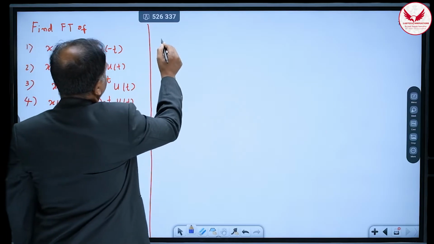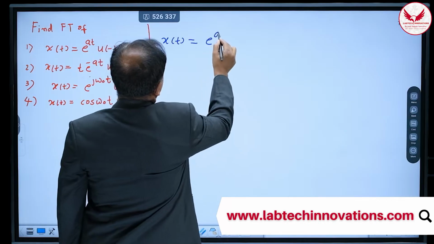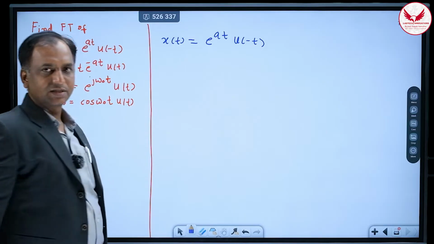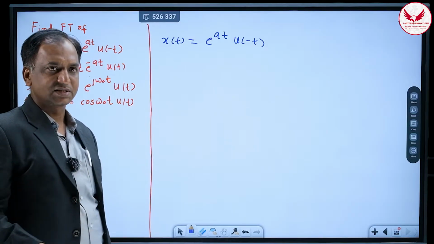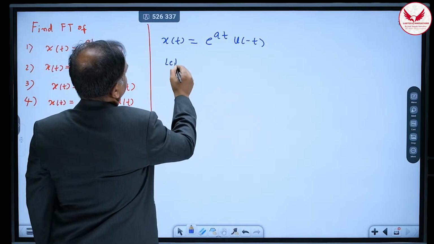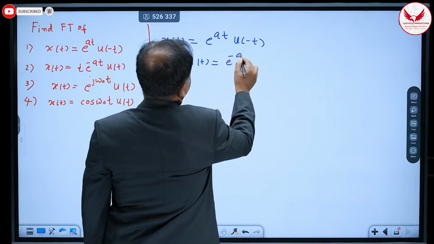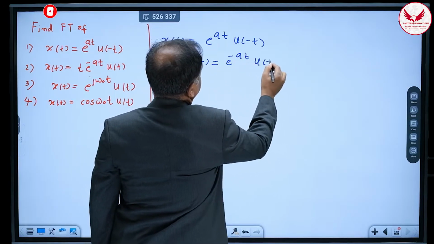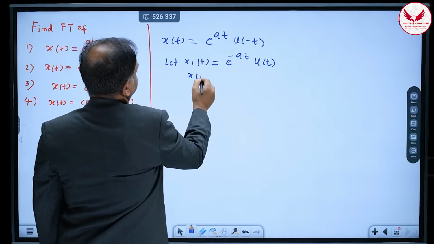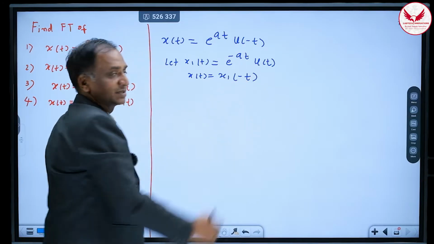Let us take the first problem, that is x of t is equal to e raised to at u of minus t. If you look at this signal, it is a time reversal of a signal. Let x1 of t be equal to e raised to minus at u of t. Exactly, x of t is equal to x1 of minus t, the time reversal signal.